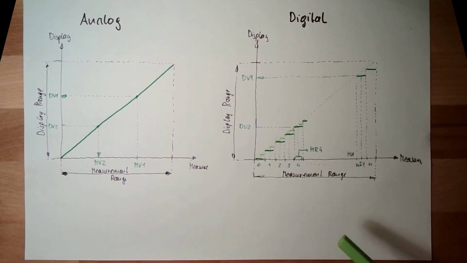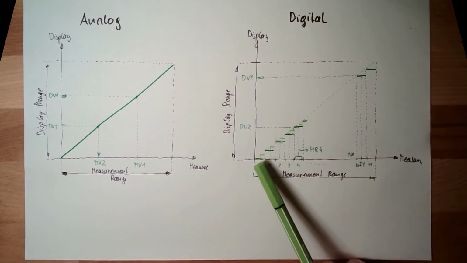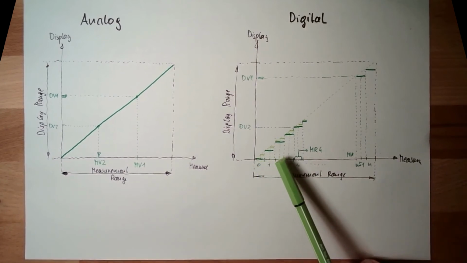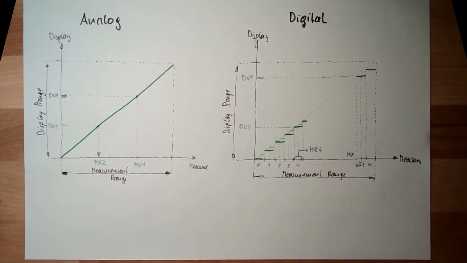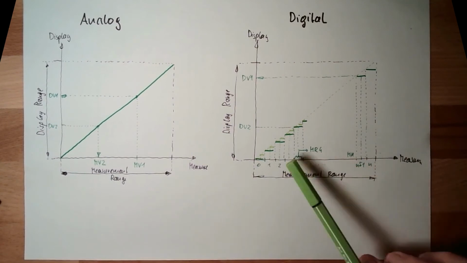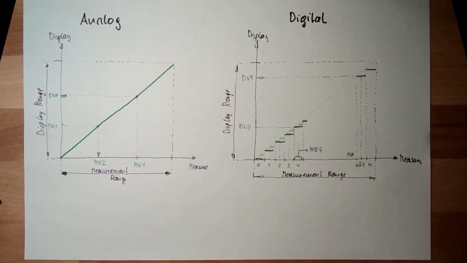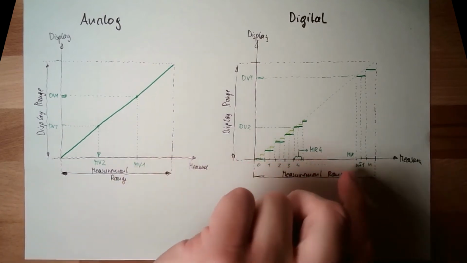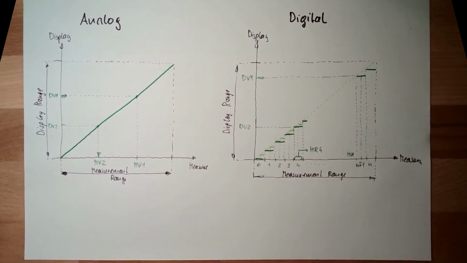And if I really need it finer, I can simply increase the resolution. So the resolution usually gives how many sub-ranges in my measurement range I've got.